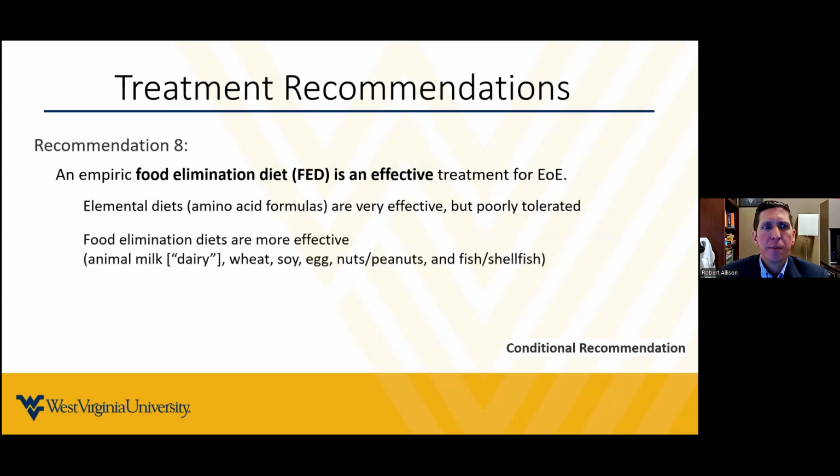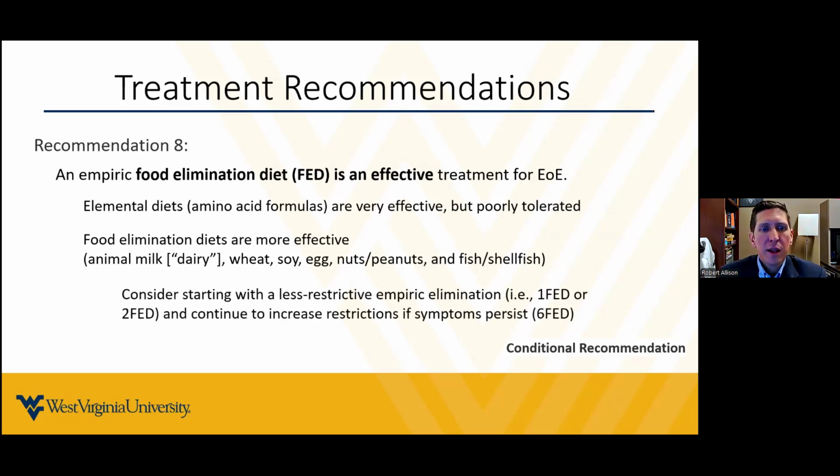So the second option is more of a food elimination diet. These are also really effective, and the American College of Gastroenterology highlights 6 core allergens that they recommend trying to eliminate. And you can see there at the bottom, animal milk or dairy products, wheat, soy, eggs, nuts and peanuts, and fish and shellfish.